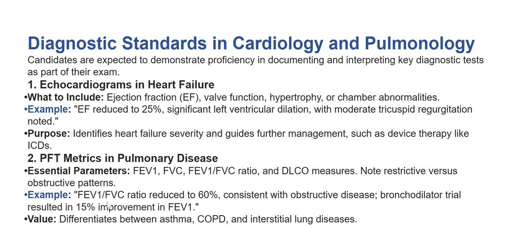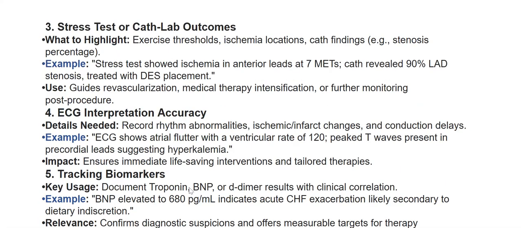Example: FEV1/FVC ratio reduced to 60%, consistent with obstructive disease, as a ratio of 70% or more is fine, but less than 70% is obstructive disease. Bronchodilator trial resulted in 15% improvement in FEV1. Value: differentiates between asthma, COPD, and interstitial lung diseases.